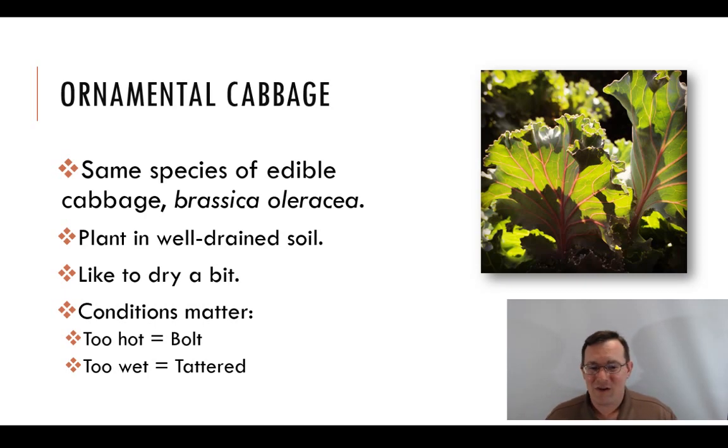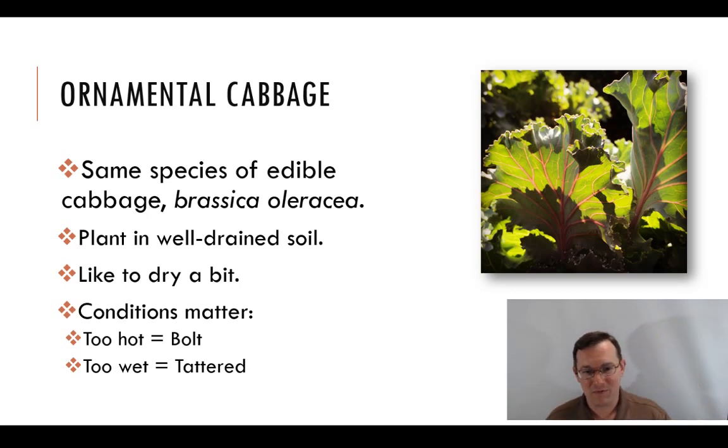So now they've started just naming everything ornamental cabbage. But like regular cabbage, again, it's the exact same species, Brassica oleracea, as edible cabbage. But these, instead of being grown to eat, they're grown for their ornamental qualities.